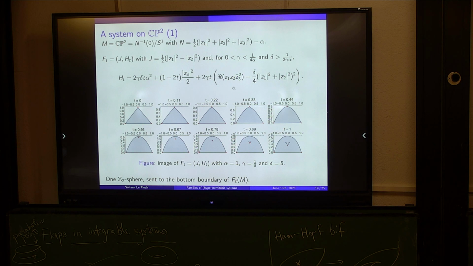We had something to come up with this term, which will ensure that at some point, at t equals 1/2, the point will be focus-focus. But if you only do this, it is something local near the point, which tells you that it will be focus-focus, and then maybe something bad can happen somewhere else in the manifold. And the point is that if you're unlucky, the Z2 sphere can enter the image of the momentum map, and then you will have degenerate points. So we want it to be on the bottom of the momentum map image all the time. This is what delta does for us.